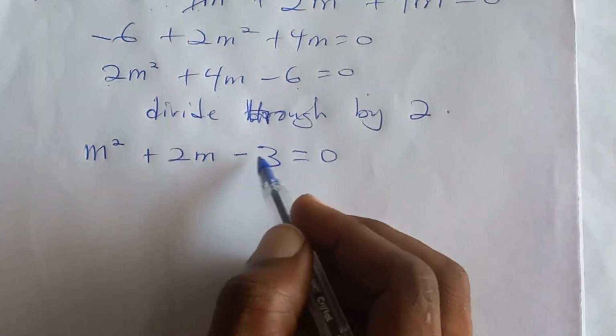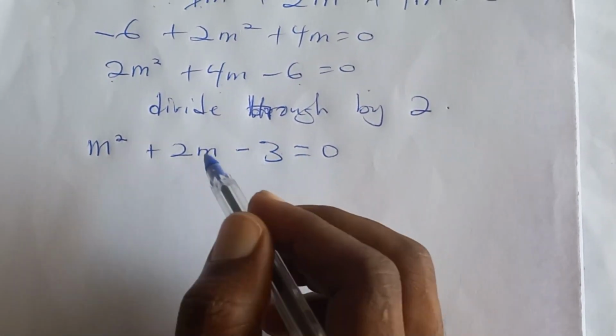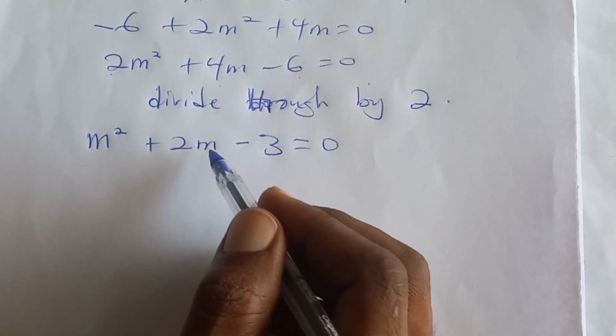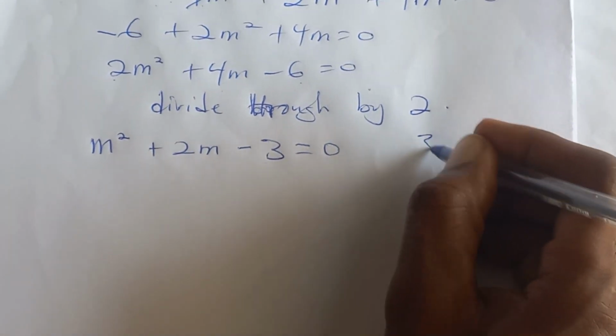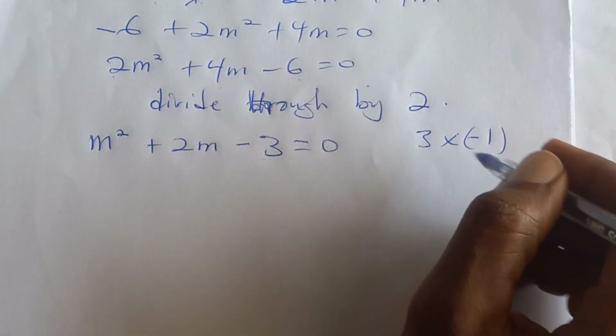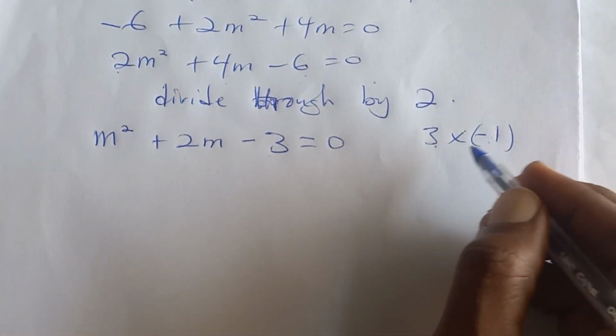So we are going to look for numbers that when we multiply, we get negative 3, but when we add, we get positive 2. So we can think of 3 times negative 1. See, so negative 1 times 3 is negative 3.